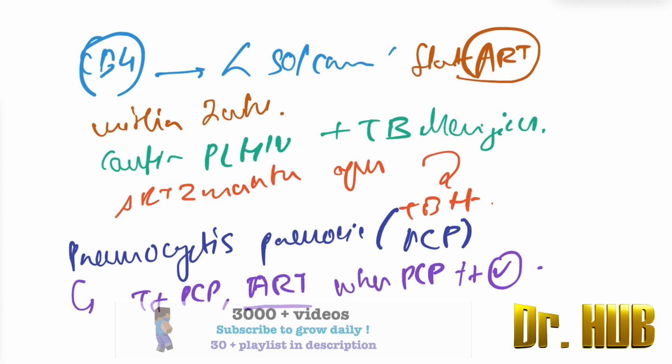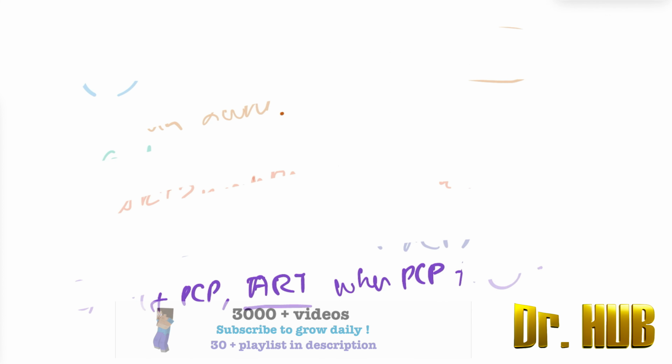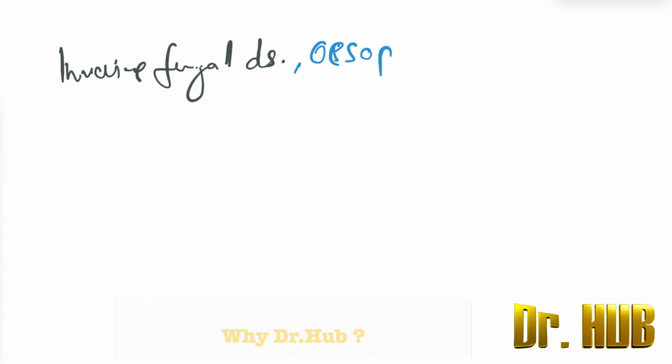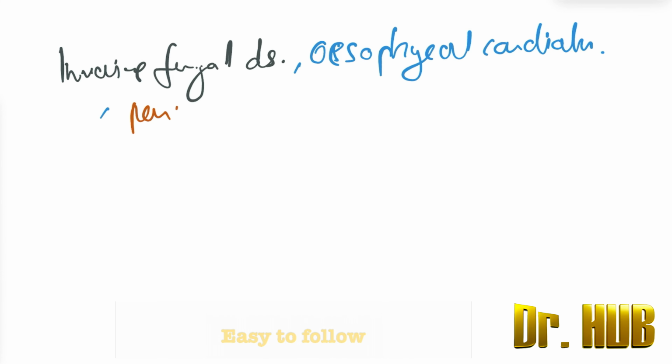Then we move on to some fungal infections. What is this? The invasive fungal diseases. So what does this include? This includes esophageal candidiasis, as well as penicilliosis and histoplasmosis.